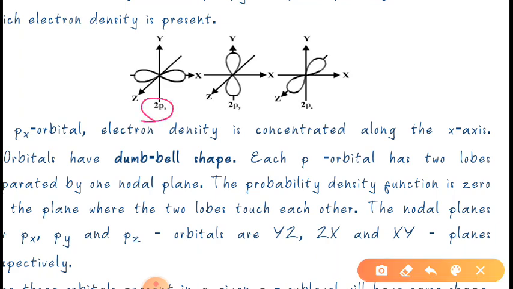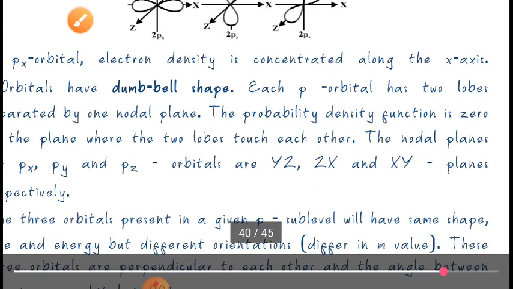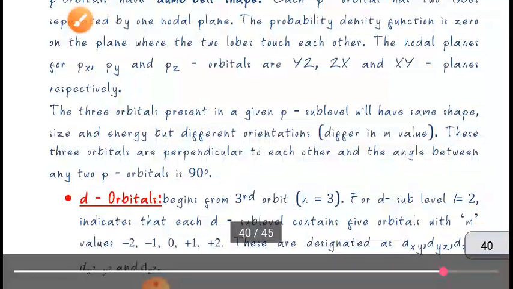When it is px, the nodal plane will be along yz, okay, yz. And when it is py, the nodal plane will be zx, okay, and when it is pz, at that time the nodal plane will be xy, okay, along the xy direction. So this diagram you can also see in your book, it will be given in your book.